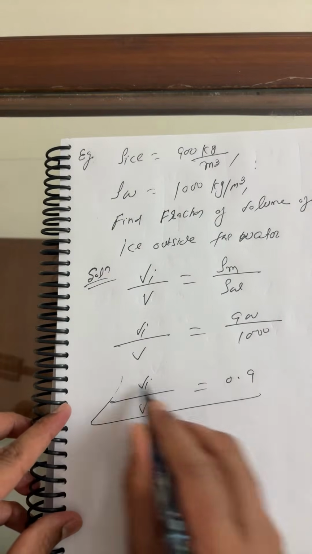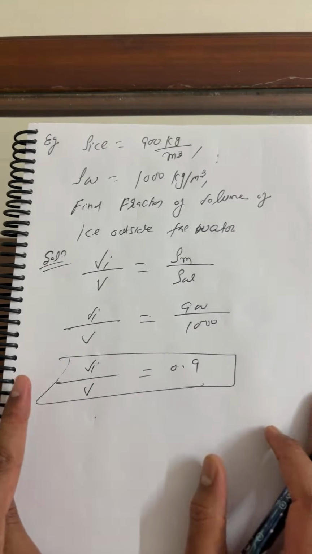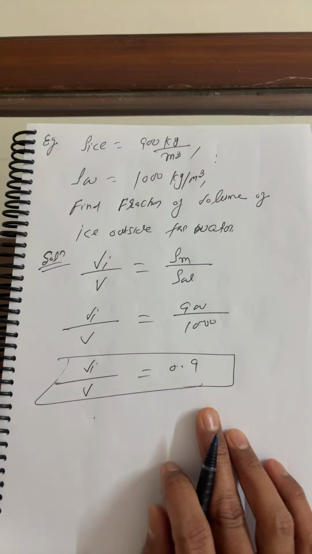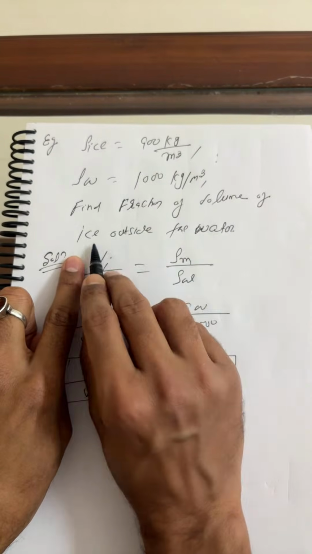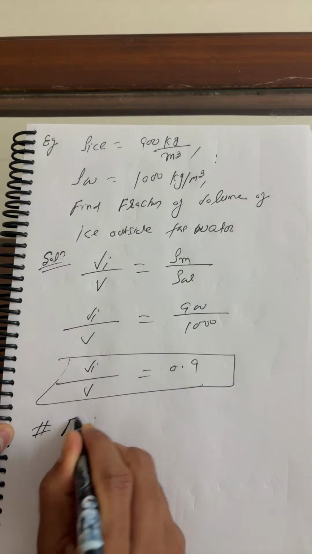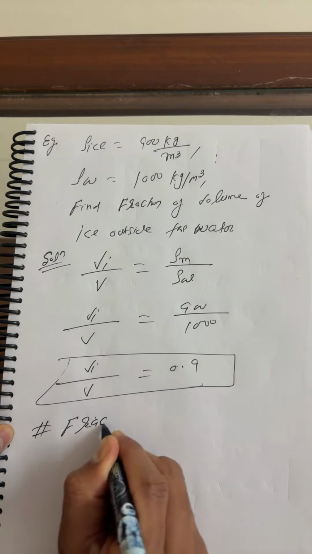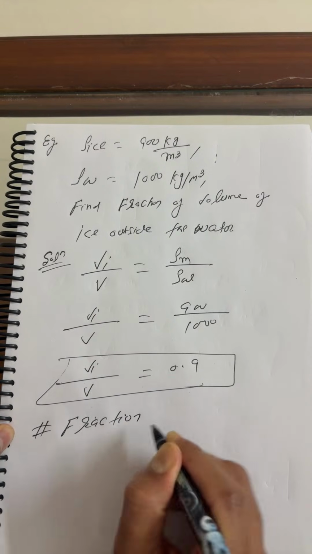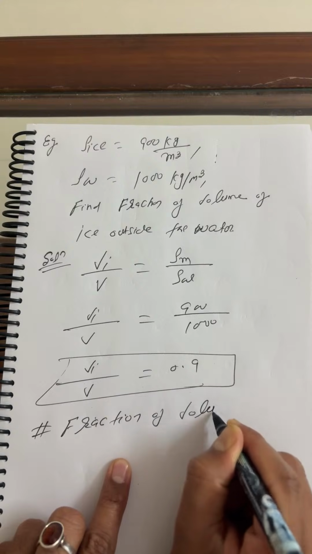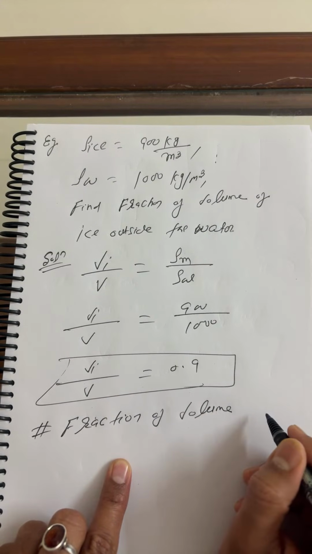Oh, this is not the answer. 0.9 is not the answer. What do they ask? Fraction of the volume of ice outside the water. So what's your answer? 0.9 is inside the water.